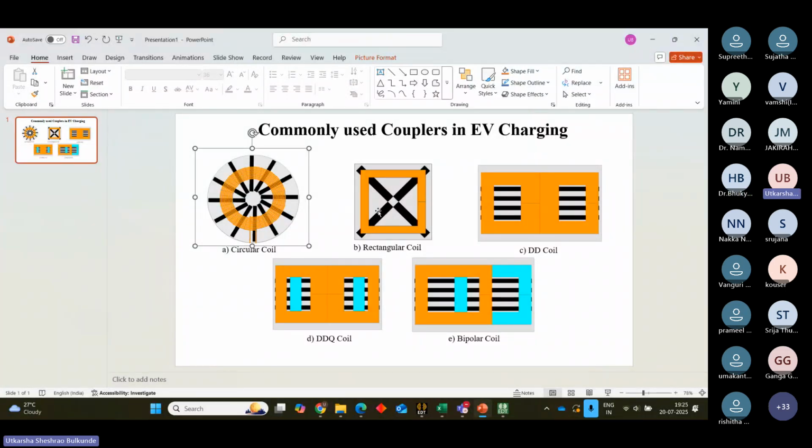Usually, even a circular coil can be made in solid form, as I taught in the last class, and in spiral form also. Solid form takes less time to simulate. The spiral form takes a lot of time to simulate.